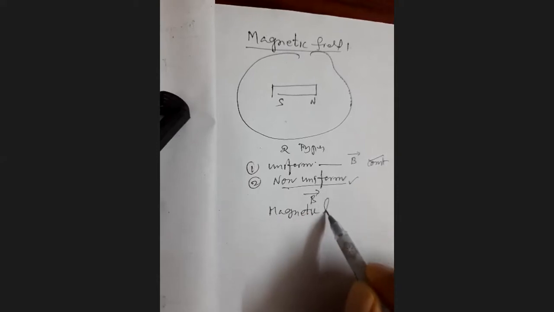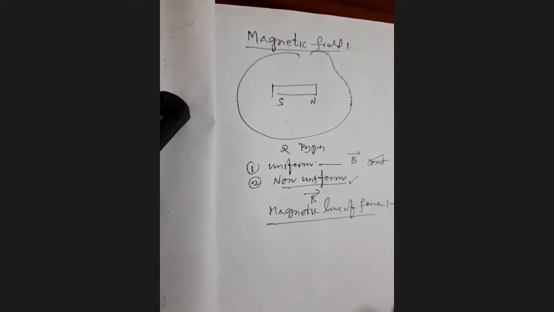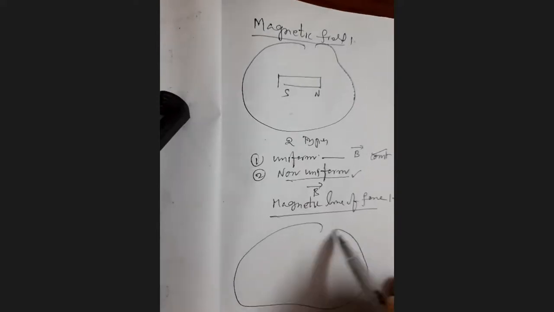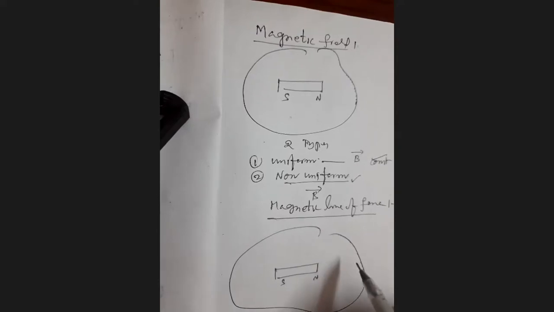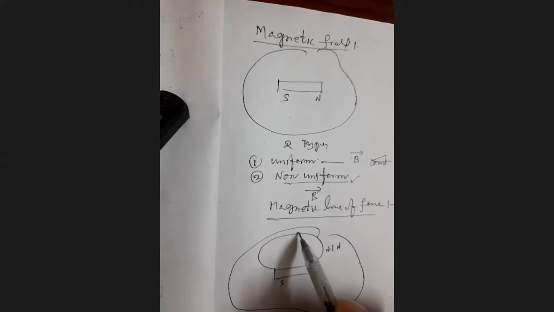Magnetic line of force, strictly we have to read it as magnetic field lines. In the magnetic field of a magnet, if you keep a unit north pole, the path traversed by the unit north pole kept in the magnetic field is called a magnetic line of force or magnetic field line.